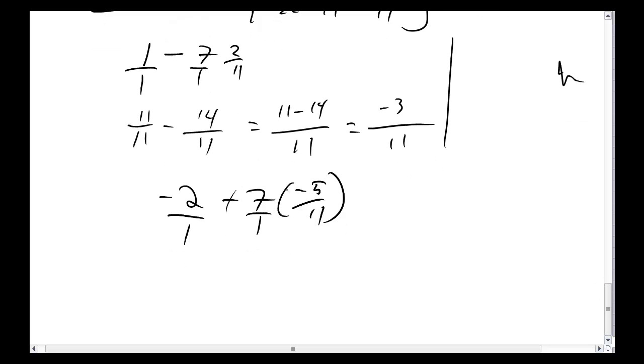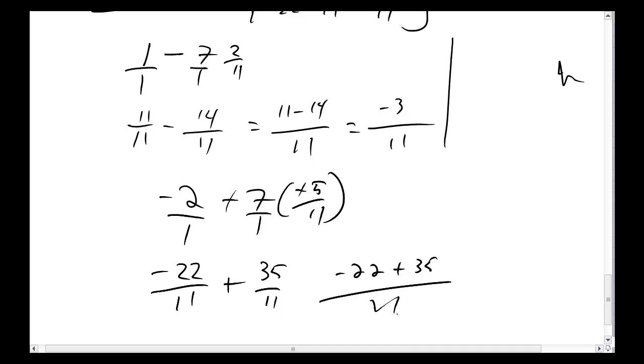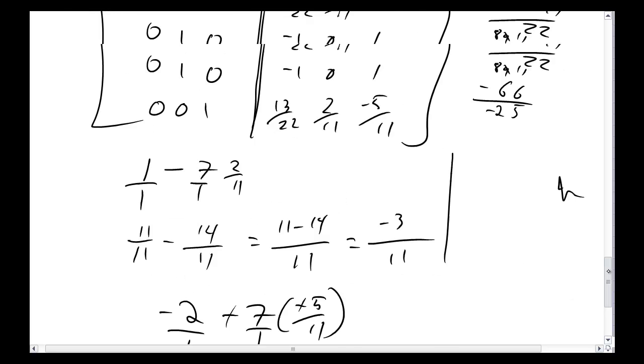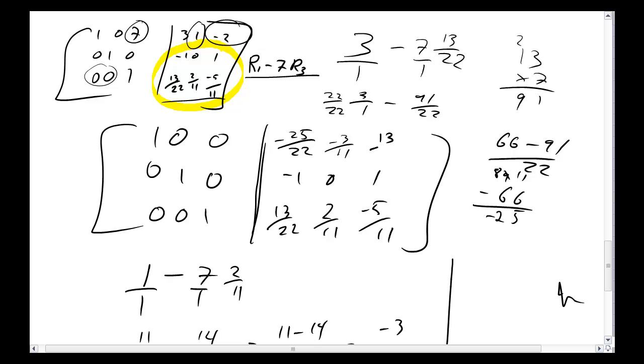These minuses cancel and turn into pluses, so I've got negative 2 over 1 plus 7 times 5 is 35 over 11. So this is negative 22 over 11. So I've got negative 22 plus 35 all over 11. And 35 minus 22, I think, leaves me with 13 over 11.